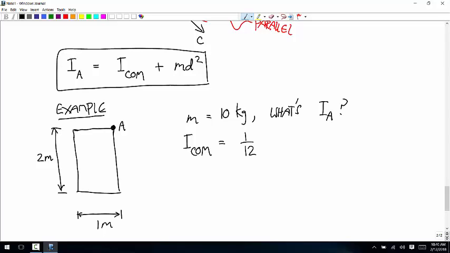So this is going to be 1/12 times 10 times the quantity 2 squared plus 1 squared. That is 50/12, which is 4 1/6, which is 4.16 repeating, kilogram meter squared.